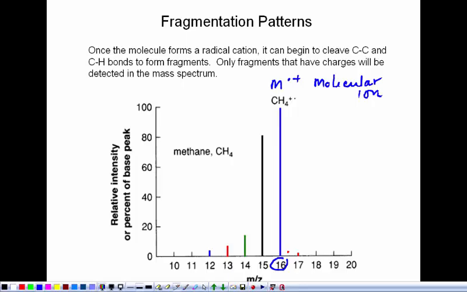But then what about these fragment peaks? What about these peaks that occur at less than 15 or less than 16 AMUs? Well, what happens is that the CH4 dot plus is somewhat stable, but it can lose a hydrogen atom.